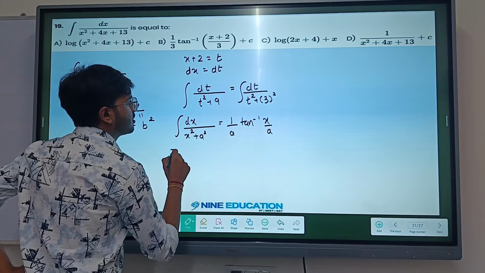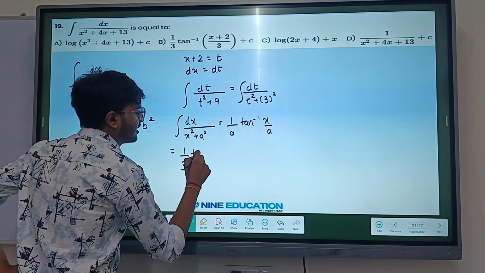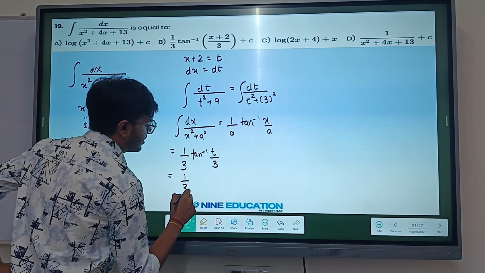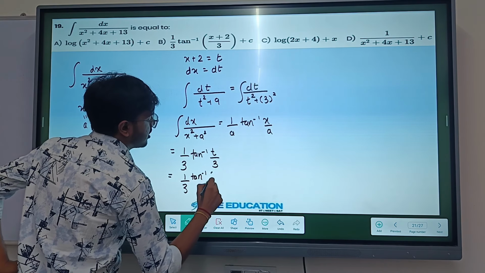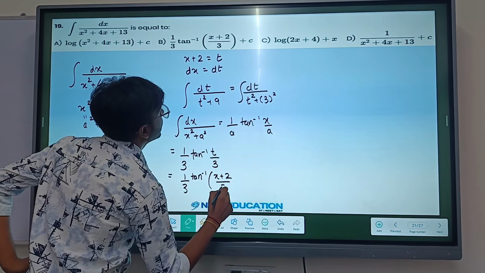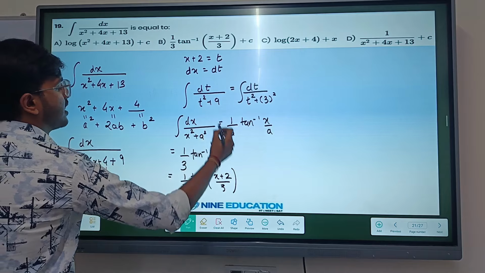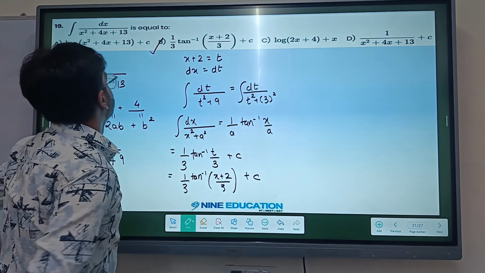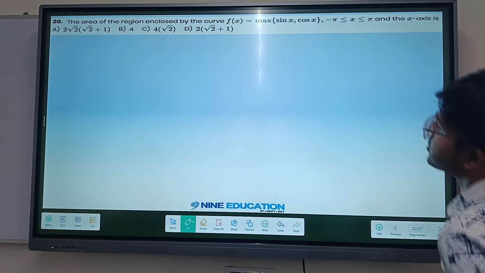So it will be equal to 1 by 3 tan inverse of t by 3, that is 1 by 3 tan inverse of (x plus 2) by 3 plus c. Option B.